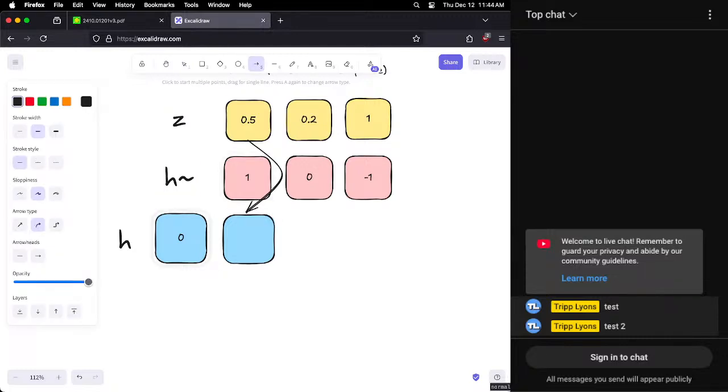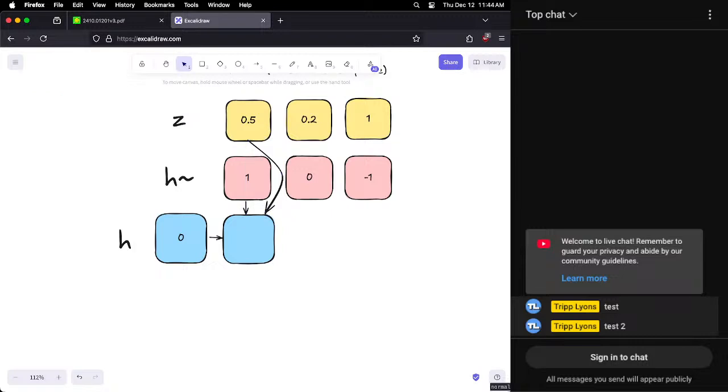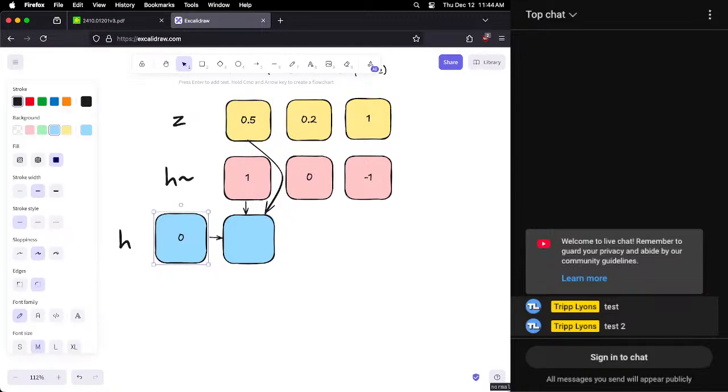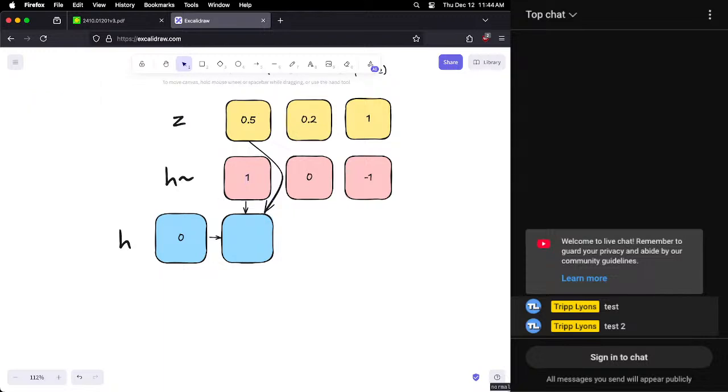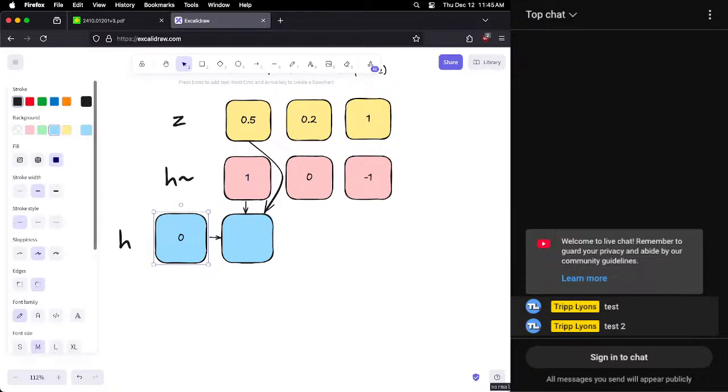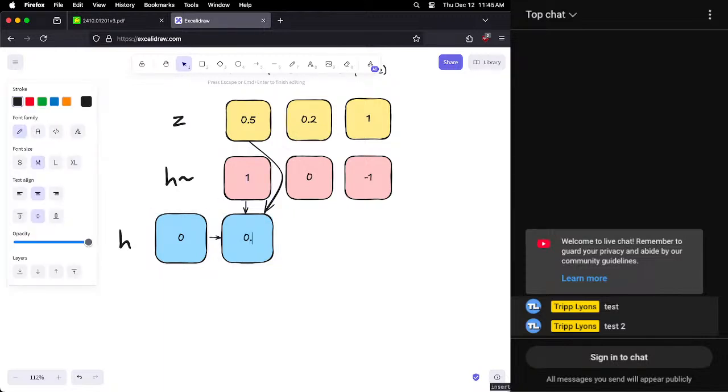So you write it like this. It's going to be 0.5 of H and 0.5 of H bar, because 1 minus 0.5 is 0.5. So that means we have 0.5 of the 1 and another 0.5 of the 0. So the answer is going to be 0.5.